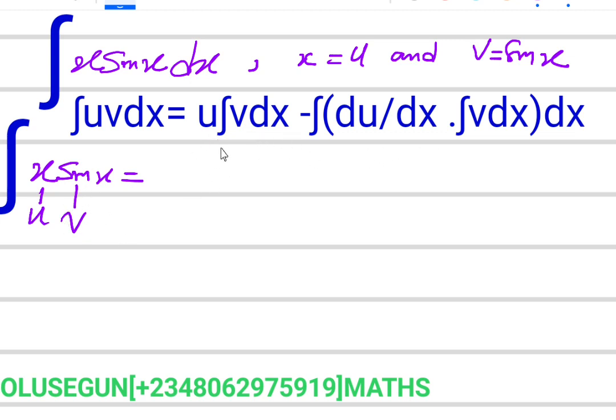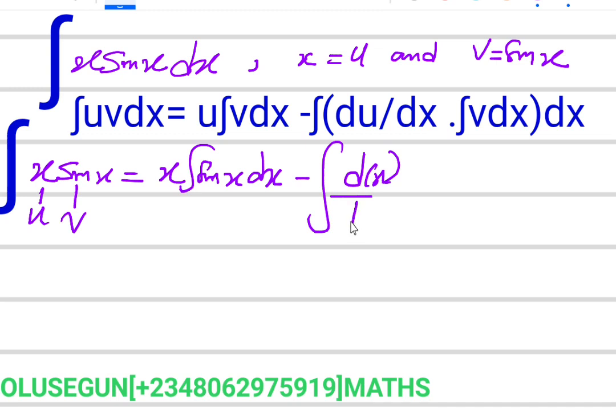So our u now is x. We have x integral sine x dx minus integral, du/dx, that is d of x with respect to x, dot integral sine x, which is v, sine x dx.